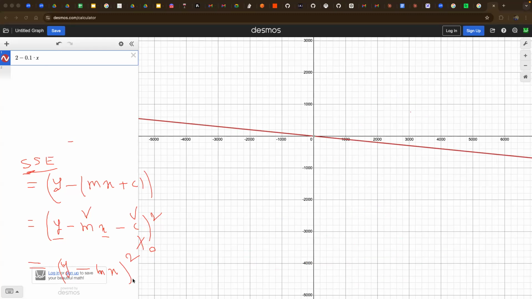So it is just y minus mx whole square. Here y is constant, so in place of y, I am writing 2. And slope is not constant. And x is constant, so for that constant x, I am writing 0.1. And in place of m, I am writing x. And all of it has to be squared.